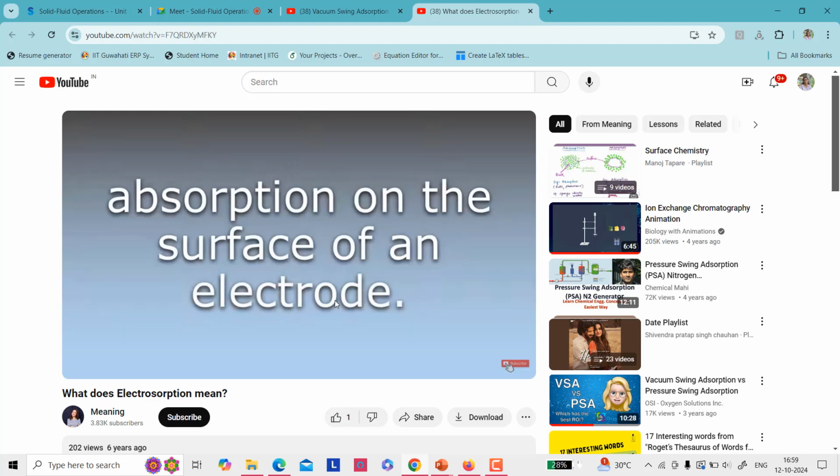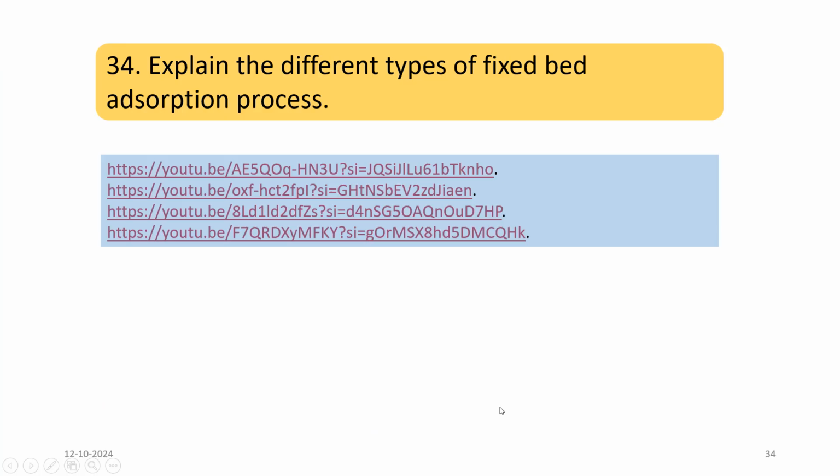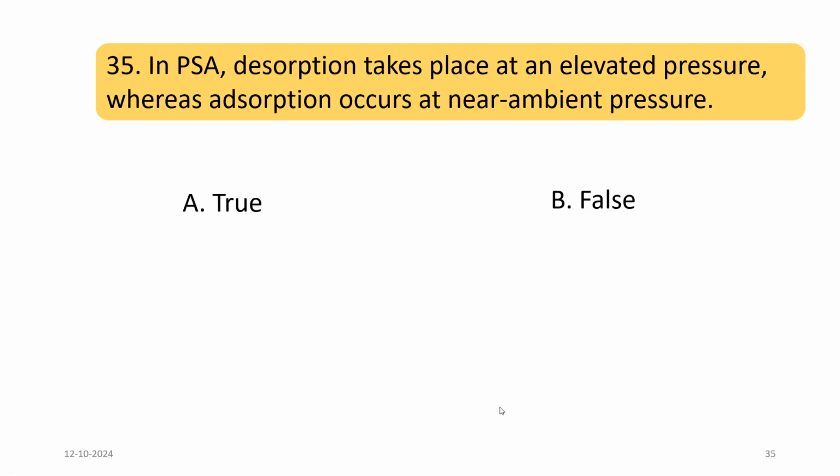Next. In PSA, desorption takes place at an elevated pressure, whereas adsorption occurs at near ambient pressure. Is it true or false?